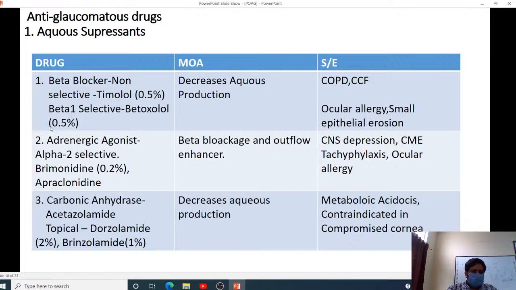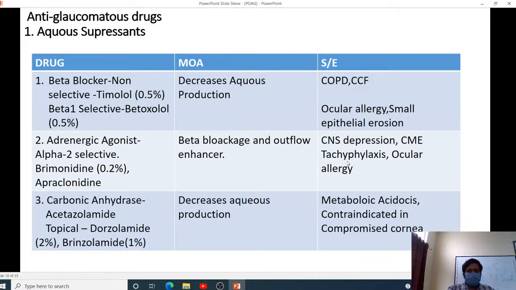The second aqueous suppressant is the alpha adrenergic agonist, that is alpha 2 selective. Two drugs are there, brimonidine and apraclonidine. Apraclonidine is not available in the market, so we have brimonidine 0.2%. It blocks the beta receptors which are present on the ciliary processes, and it also acts as an outflow enhancer.